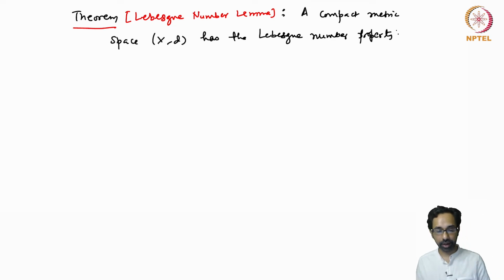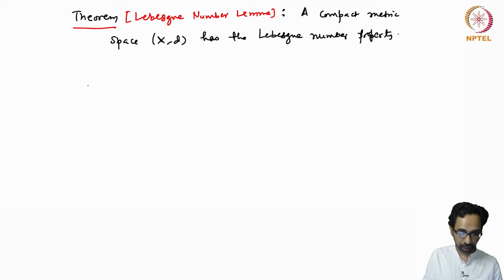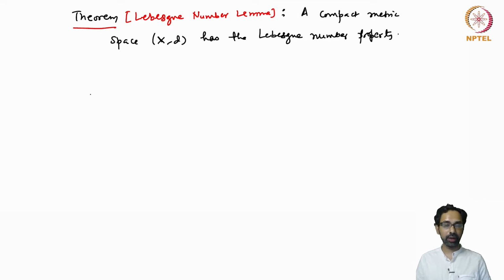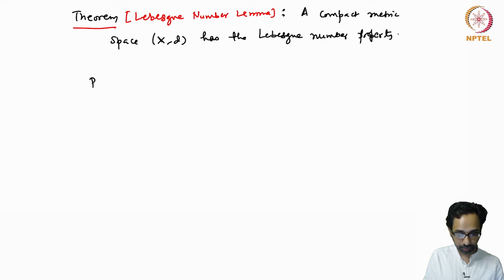Meaning that given any open cover of this space X, you can always find a delta such that even if you choose any arbitrary point and take the metric ball of radius delta, then it will lie completely inside one of the open sets in the open cover. So let us prove this theorem, and we will use the extreme value theorem that we have proved before to show this result. So proof.